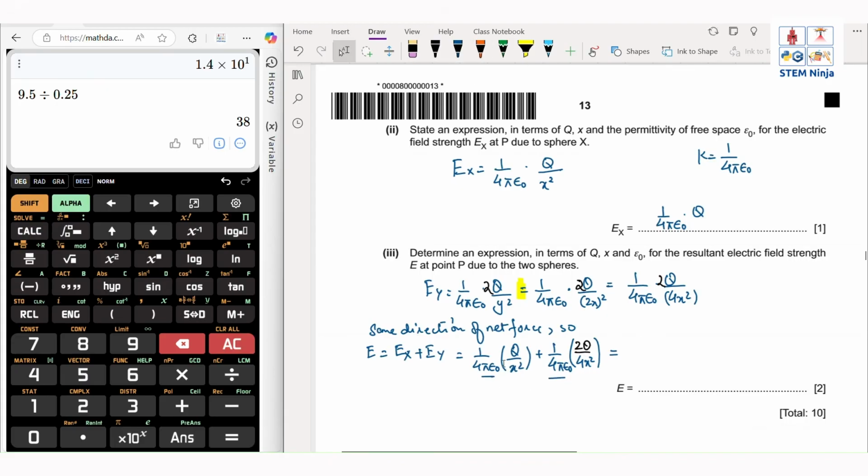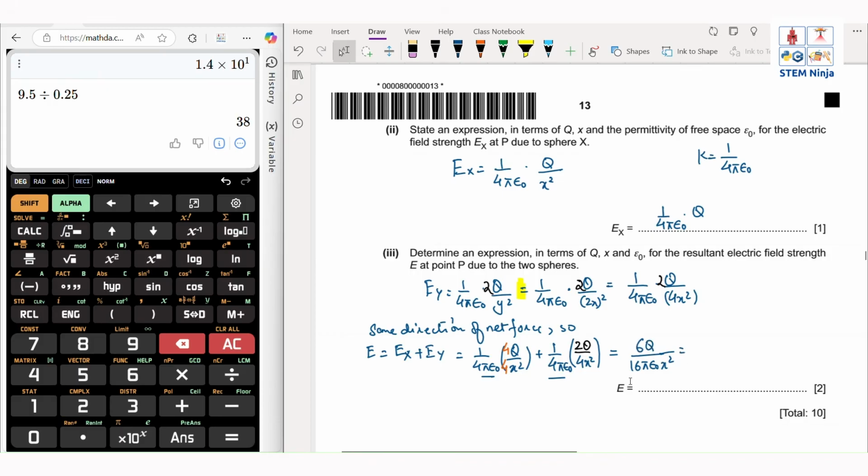We can multiply an extra 4 over here to make a common denominator. So we have 16 pi epsilon naught x squared, 4 plus 2, 6q.